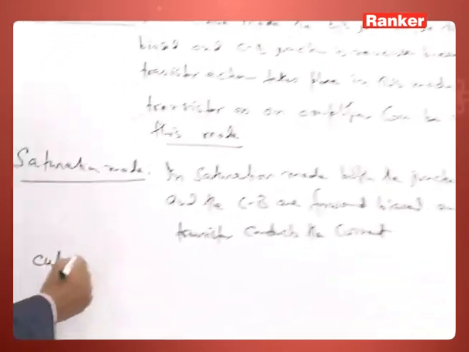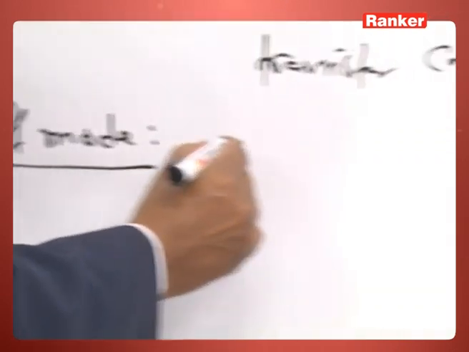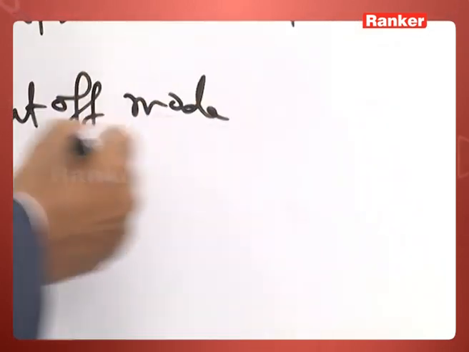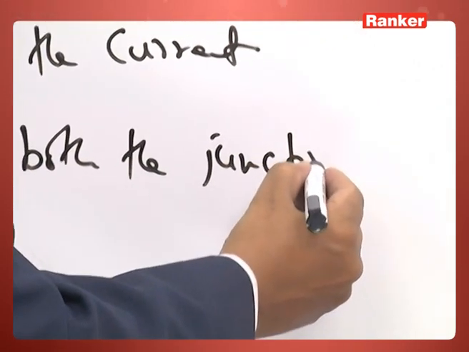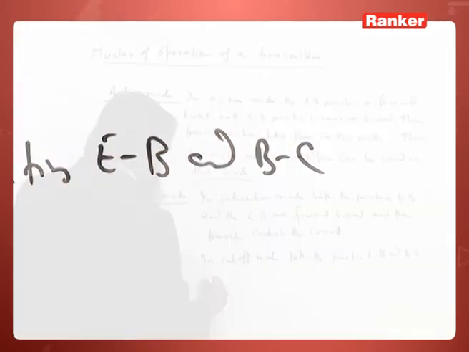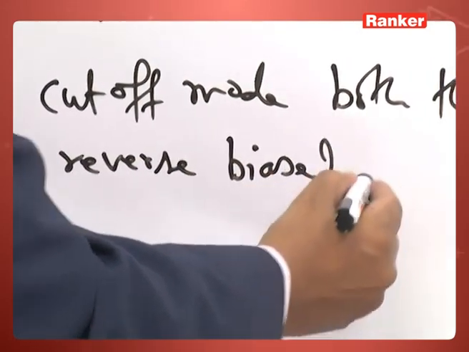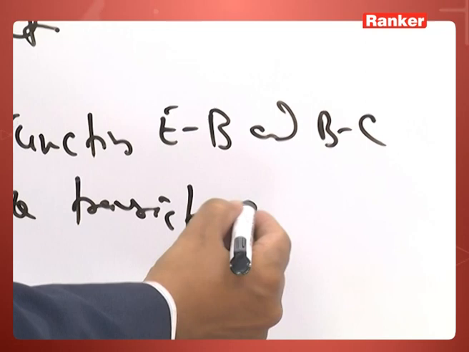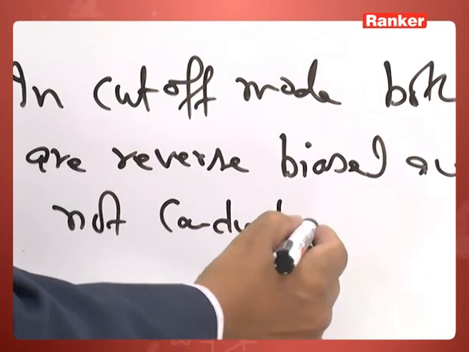Cutoff mode. In cutoff mode, both the junctions, emitter base and base collector are reverse biased, and so the transistor does not conduct.